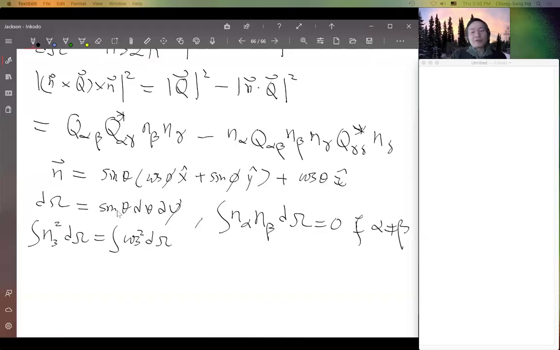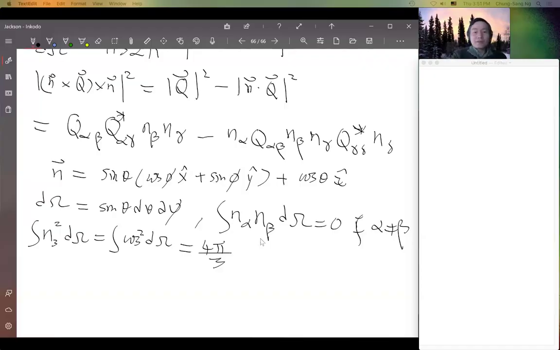Sine theta d theta, you can change it to minus d cosine theta, and the minus sign you can use to flip the upper and lower limit. And the result is like we worked out before. Then you get 4 pi over 3. All right. And now the nx squared and ny squared.